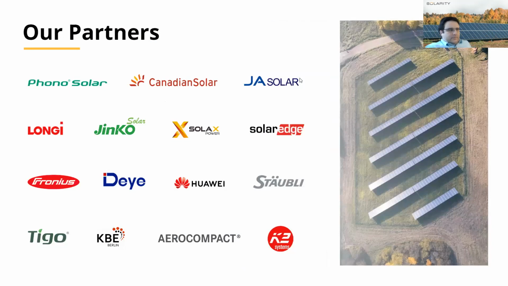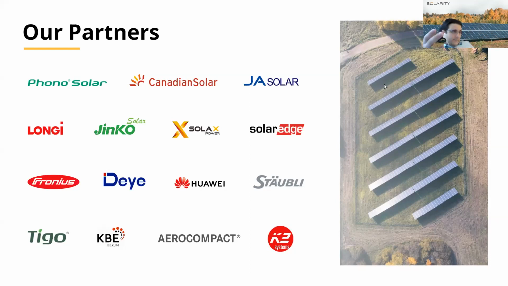Just a brief overview. Our main partners. Today we have a solar panel module update. So we have Canadian, Longi, JA Solar, Phono, and Jinko. These are the 5 main brands from the panel side.